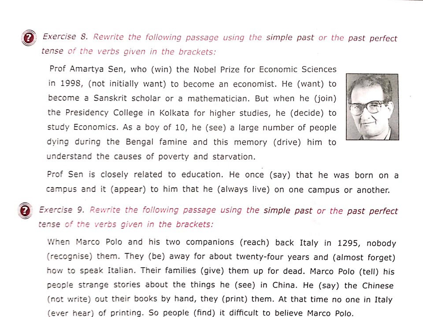Companions reached back Italy in 1295. Nobody dash them means recognized them. Recognize will be converted into recognized. So the two blanks I have done for you. The rest you'll do yourselves.